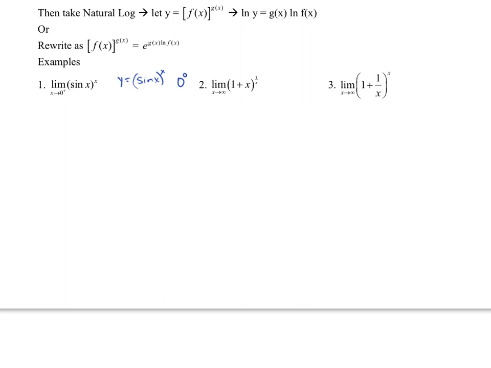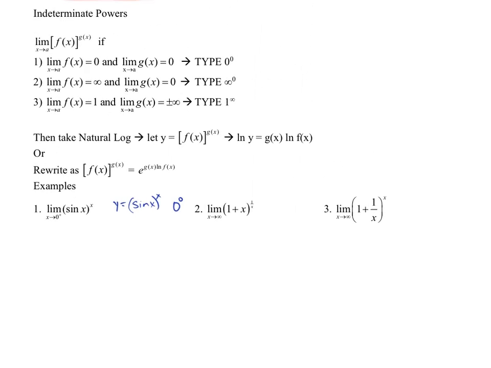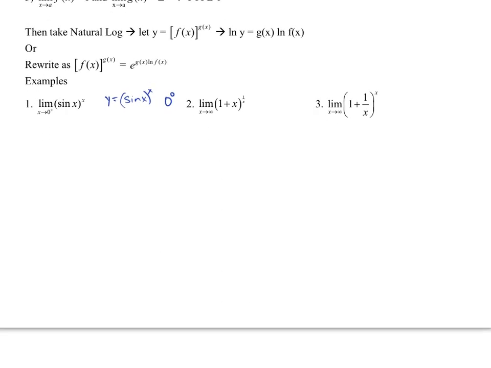So I've set it up as y equals this, and we're going to take the natural log of each side this time, because that's what we said in our steps: if you have an indeterminate power, take the natural log. I'll leave that up here so you can see that, and let's go ahead and do that.